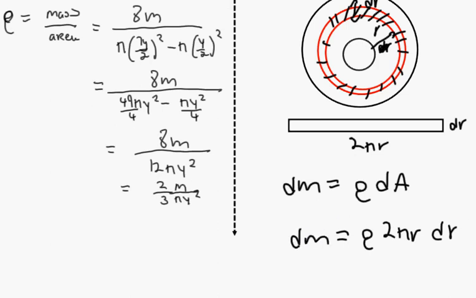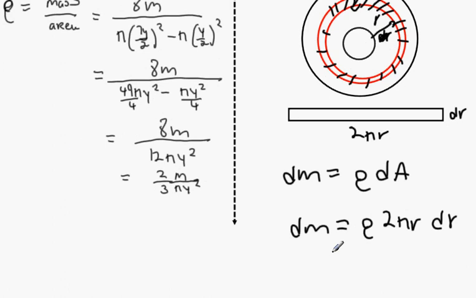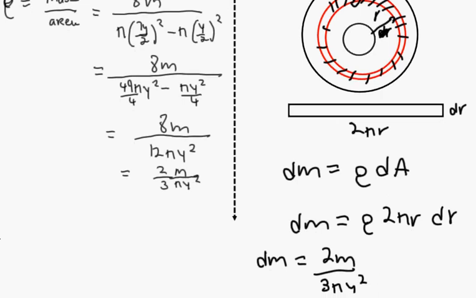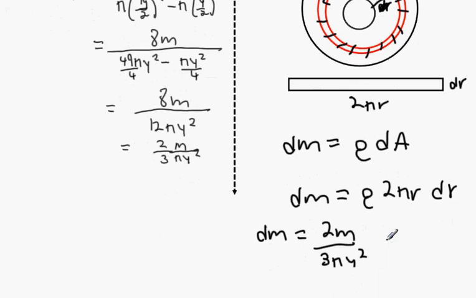Change rho into, what did we say rho was? It's over there, isn't it? 2m over 3 pi y squared, times 2 pi r dr. Right, now that's a mouthful, so we're going to have to start crossing stuff off.